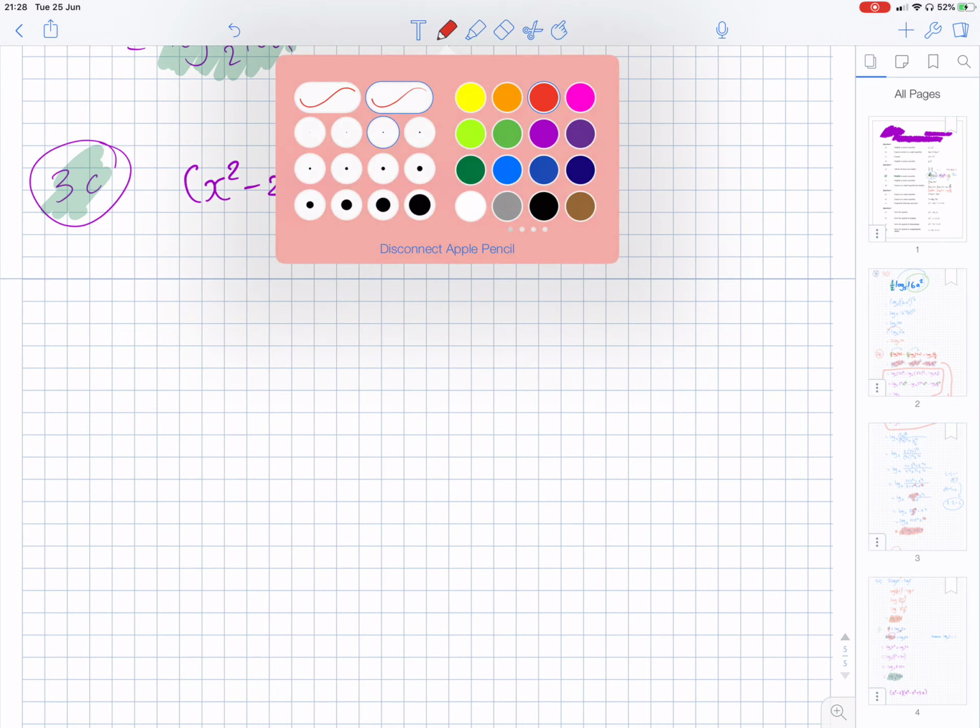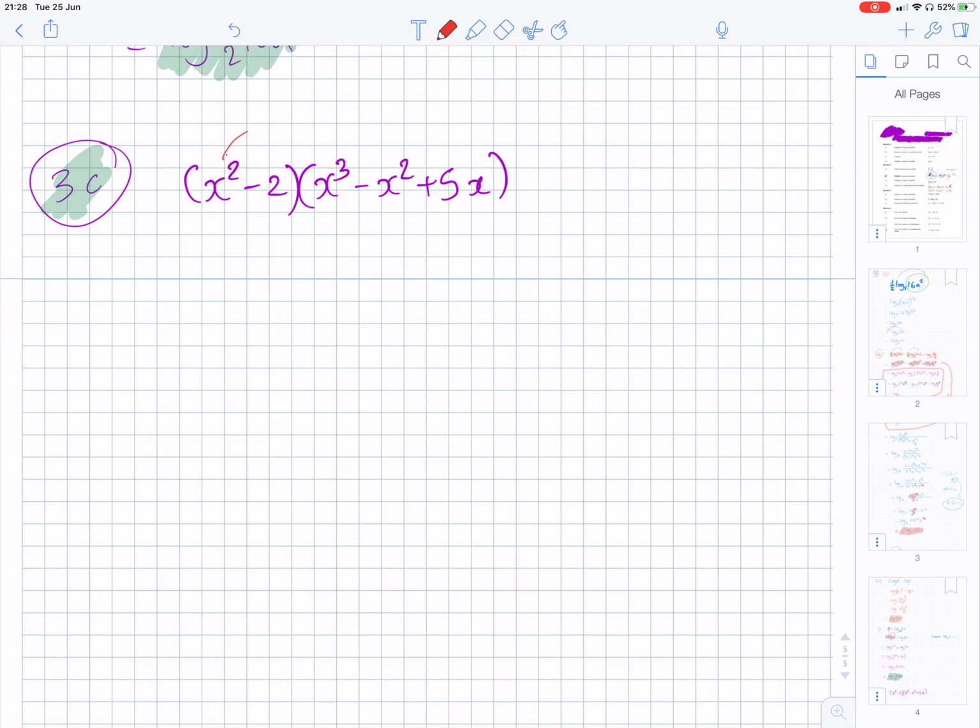So what do we do here? We take this x squared multiplied by x cubed, multiplied by minus x squared, multiplied by plus 5x, then the minus 2 multiplied by x cubed, multiplied by minus x squared, multiplied by plus 5x. So this becomes x squared times x cubed, minus x squared times x squared, plus 5x times x squared.